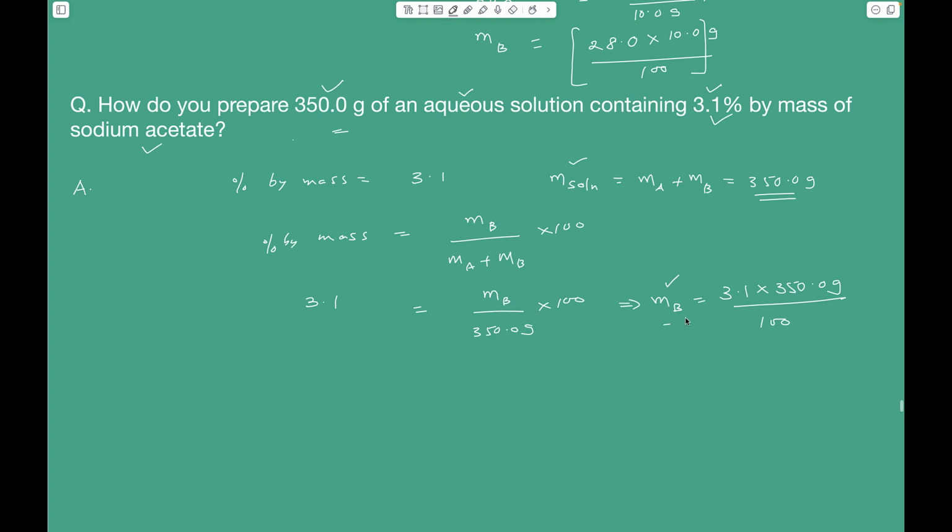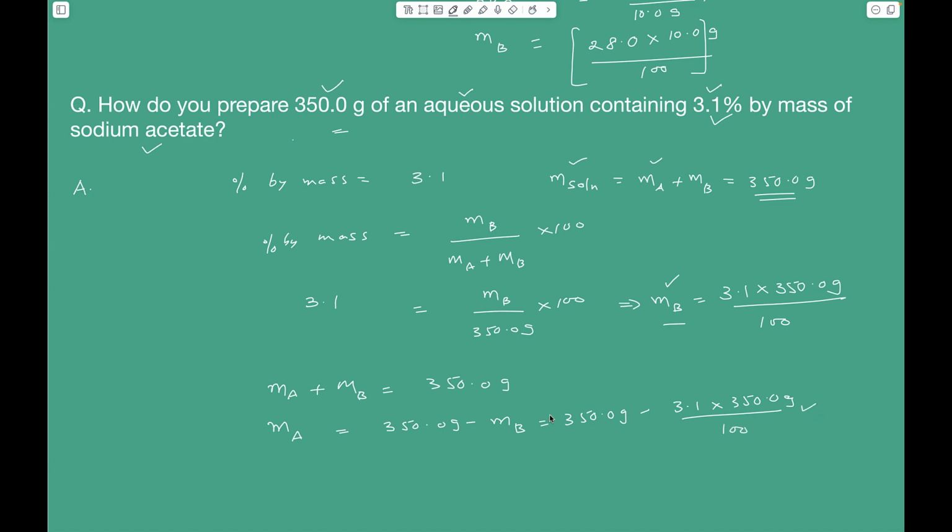And if you know MB, it is easy to figure out the value of MA, because MA plus MB is 350 grams, right? So MA will then be 350 grams minus MB, that is 350 grams minus 3.1 times 350 grams over 100.